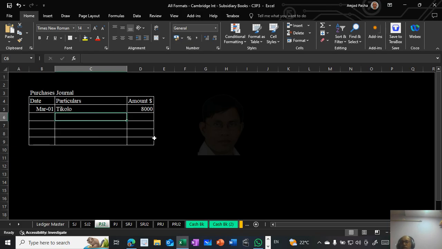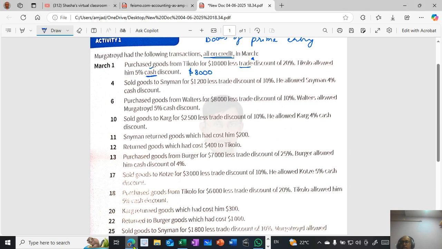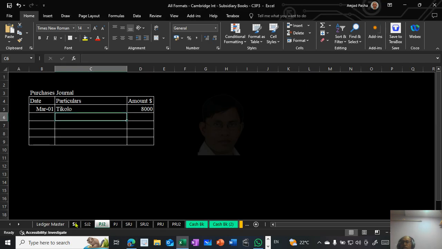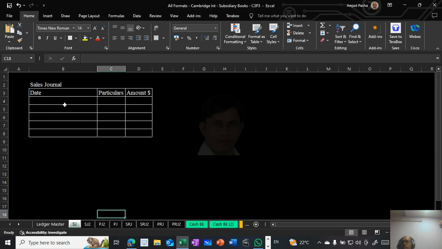So similarly, next, sold goods to Snyman for 1,200 less trade discount of 10%. So we have to enter in sales register. So 1,200 trade discount of 10%. So sales register, date, particulars, it is Snyman.